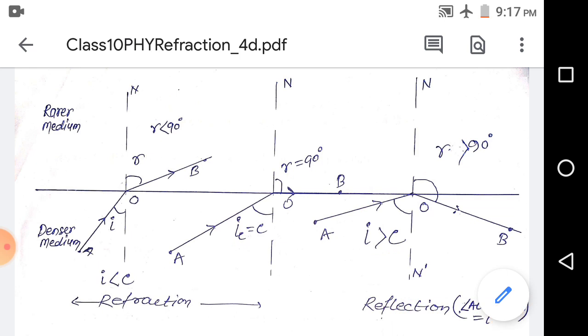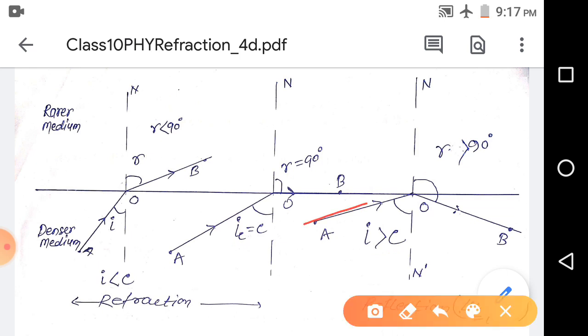See this one, the light ray is incident along OA and it is not refracted, because for the previous figure we had the refracted ray toward OB along the surface that separates the media, but here as we have increased the angle of incidence i beyond C, the ray is reflected back into the same medium along OB.